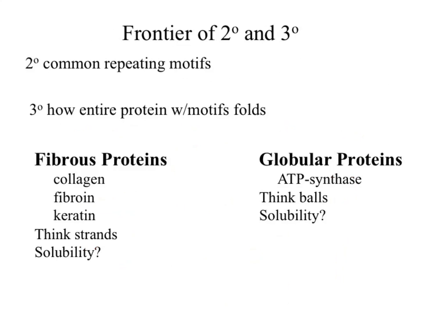What kind of amino acids would we expect in those? Hydrophobic amino acids, so that they don't interact with water well. If we shift to our globular proteins, they run the gamut between being water soluble and not, but in general we typically think about them being water soluble, at least more so than our fibrous proteins.